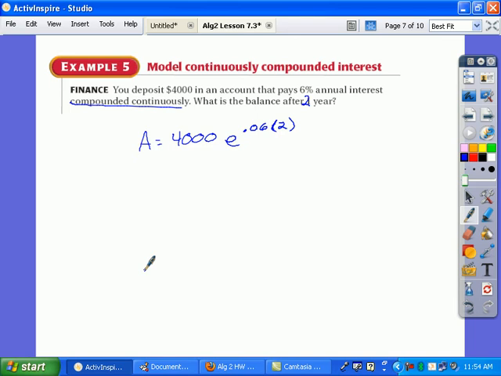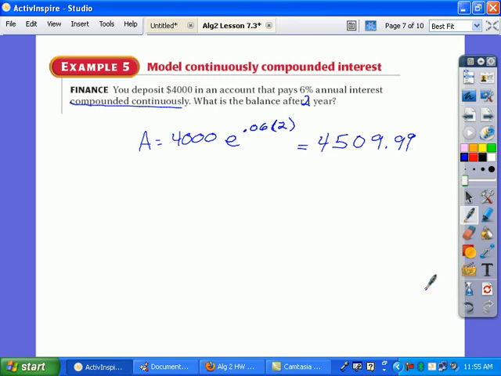Here the principal is 4,000. Here the interest rate is 0.06 times 2 years. And when I do this, we get a number like $4,509.99? Something of that nature. Okay. So this is what you'd be expected to do.